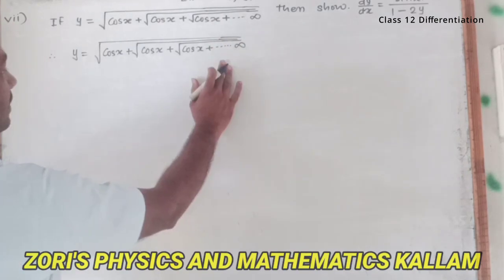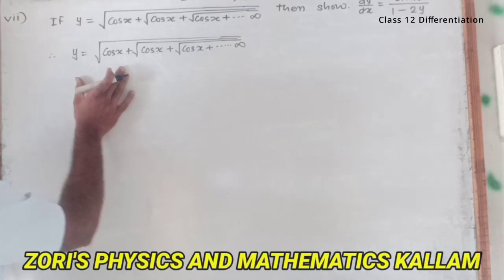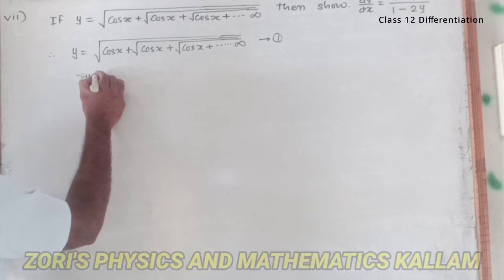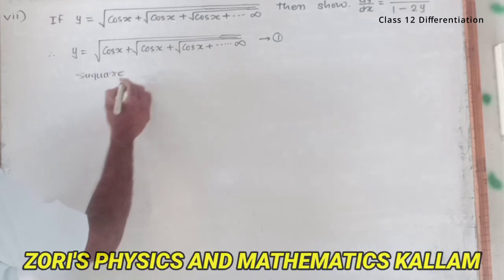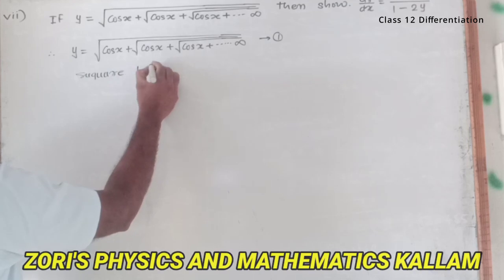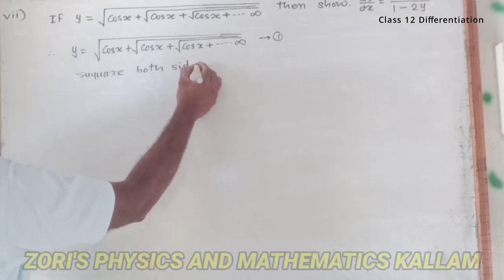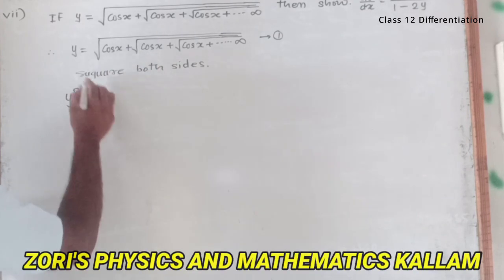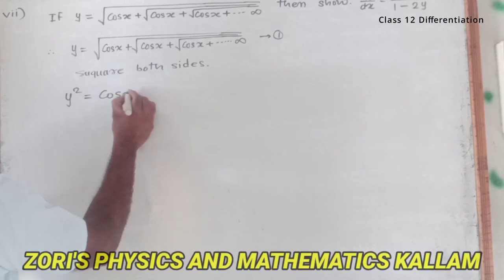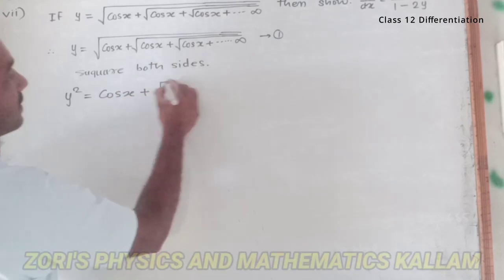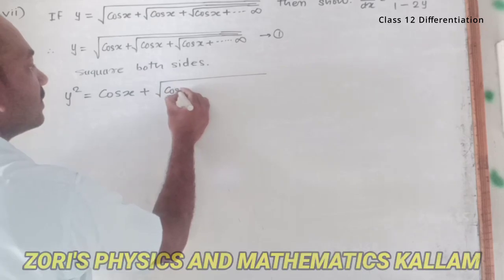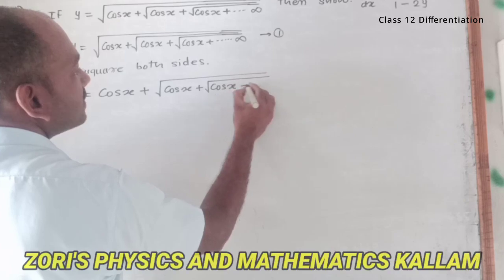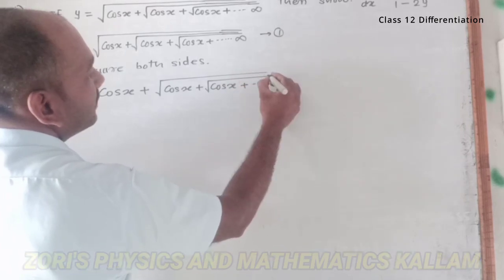So first we are doing the square of this part. Let this be equation 1. Square both sides. As we square both sides, we have y² = cos x + √(cos x + √(cos x + ... infinity)).